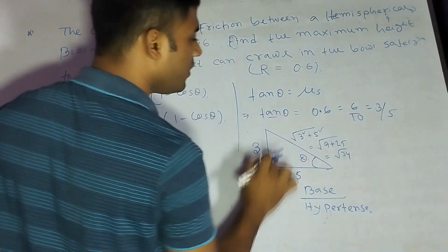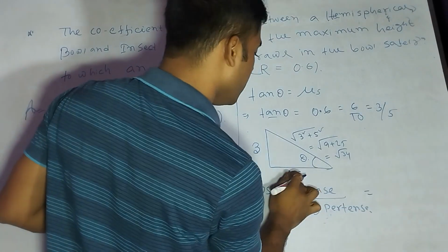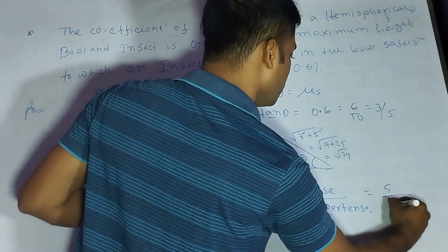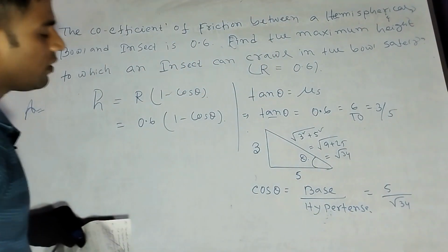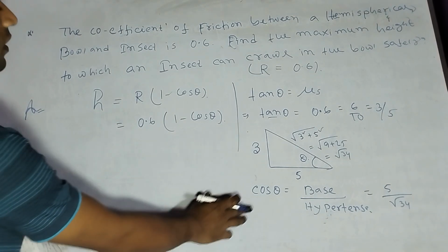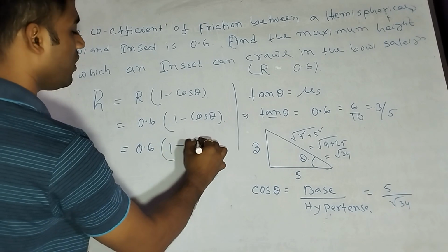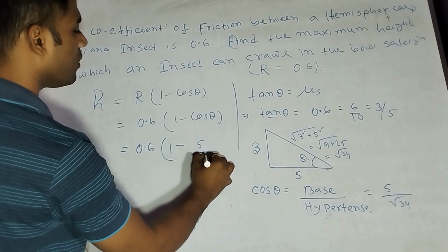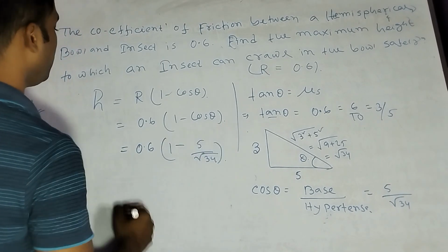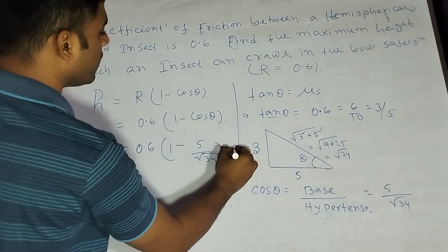This is the hypotenuse length. So base length 5, hypotenuse length root 34. Then the cos theta value is given. Put this in the equation: 0.6 times (1 minus 5 by root 34). The answer is given, the maximum height.